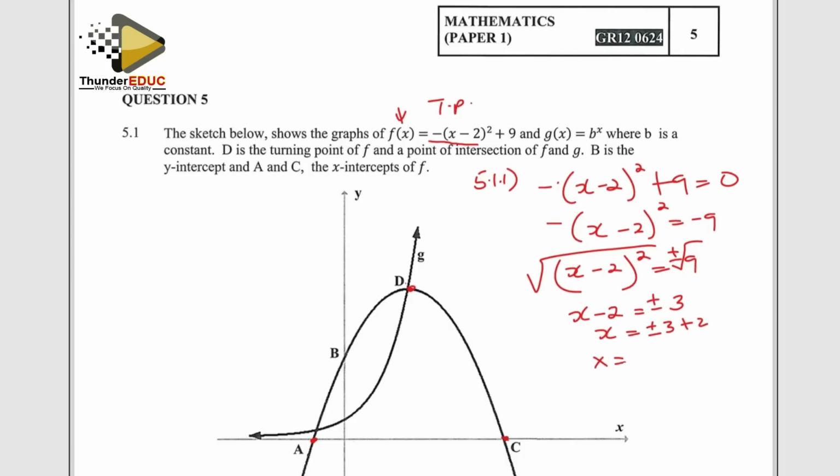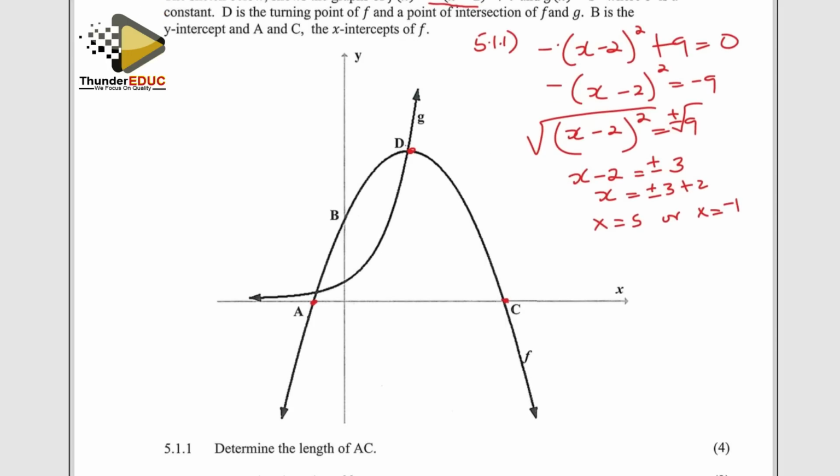Which means the first x is 5 or the other x is -1. So this means that A is at -1, this is at 5. They want the distance. So these are 5 units, this is 1 unit. So that's going to be 6 units. So you can say 5 minus -1, which still gives you 6 units. So you're going to mark based on that.